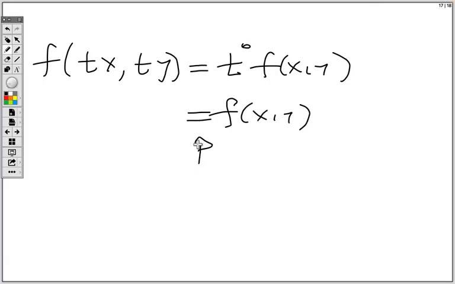There it is. So if you scale x and y by the same factor, it doesn't do anything to the function. So as long as you scale x and y the exact same amount, the function doesn't change.